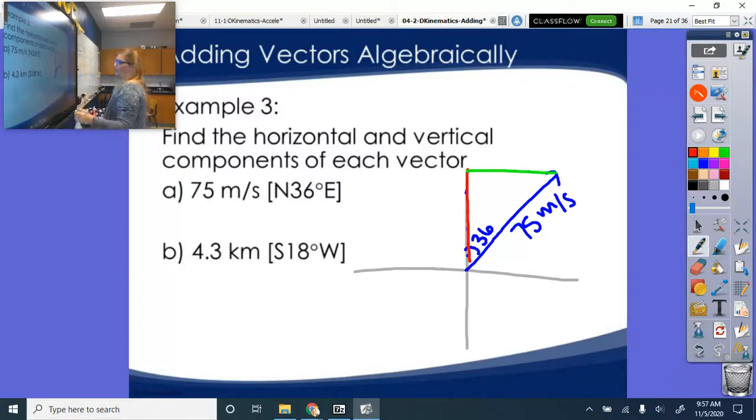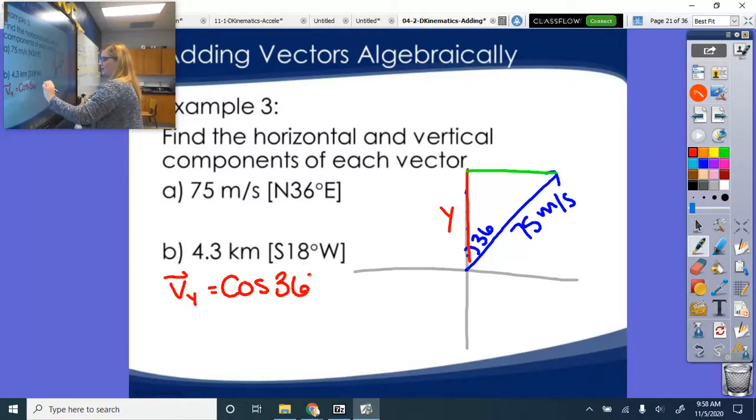So for my vector in the y direction, I have my angle. I'm looking for y, so I can use my adjacent and my hypotenuse. So I'm going to use cosine of 36 degrees equals my adjacent, so my y, divided by my 75 meters per second.